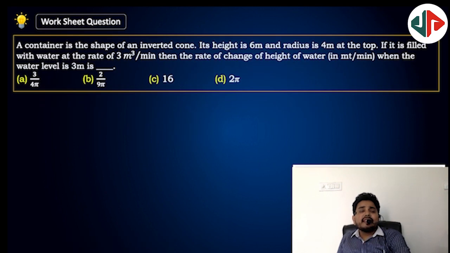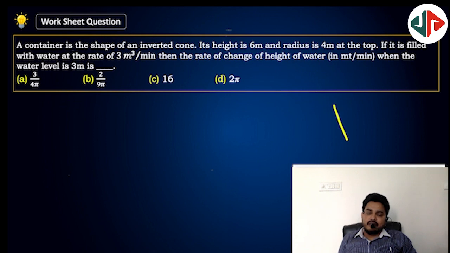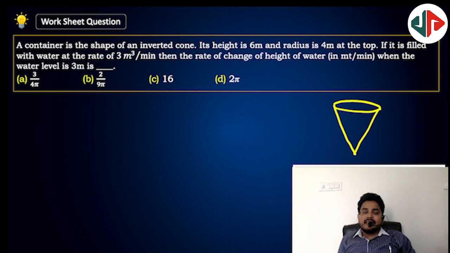A container is in the shape of an inverted cone. Generally when they are talking about the cone, it will be a right circular cone only. The height is 6, h is equal to 6, and the radius is equal to 4 at the top.